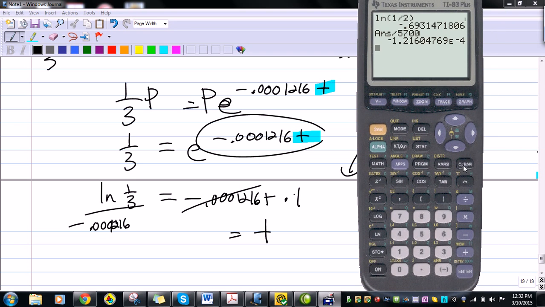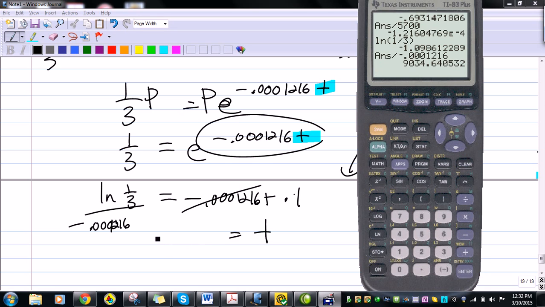So I want the natural log of 1/3, which I guess you could express as natural log of 1, which is 0, minus the natural log of 3 using the quotient property. I want to divide that by negative 0.00011216. Okay.